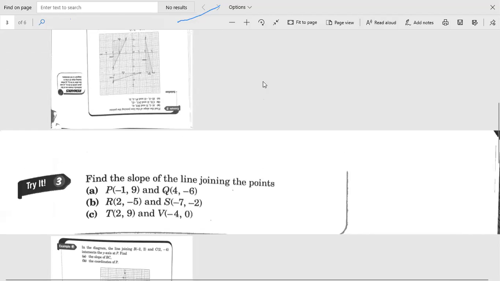Okay, now everyone, I need you to do the practice of Try 3. So we have question A, we have 2 points, point P and point Q. Question B, R and S. C, we have T and V. I need you to figure out question A, the slope of PQ.